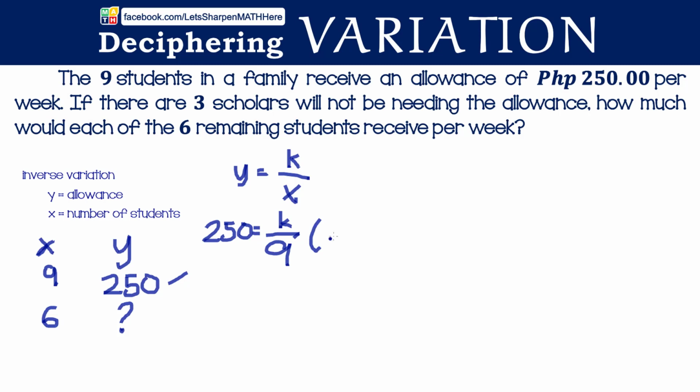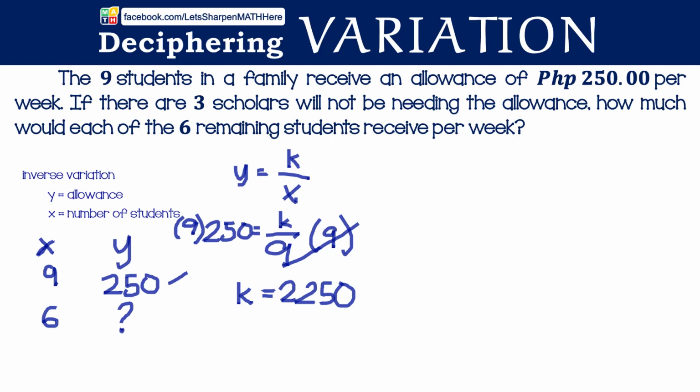And then we multiply both sides by 9 to cancel this out. We'll do the same here. And then you will get a result of k, which is equal to 2,250 pesos. Or again, in this case, 2,250. This value is actually the original budget of the parents for 9 students.